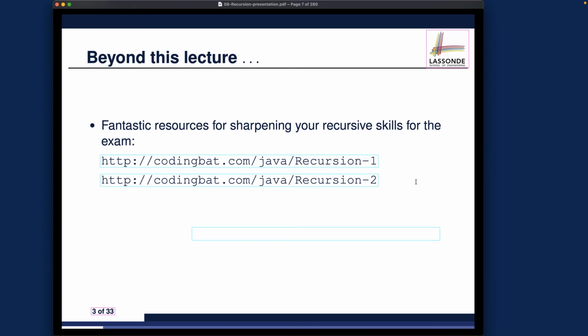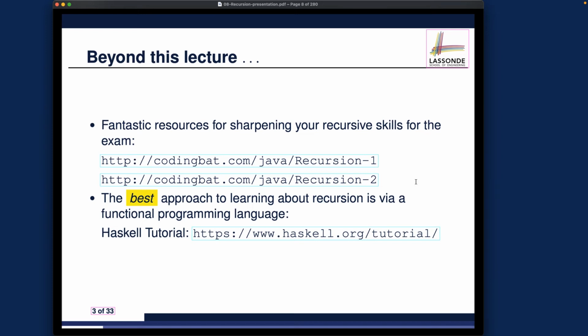Beyond this course, I would say the best approach to learning recursion is to program in a so-called functional programming language. This is something I will leave for those of you who are really interested in exploring recursion. The best way, from my point of view, is to learn a language called Haskell.